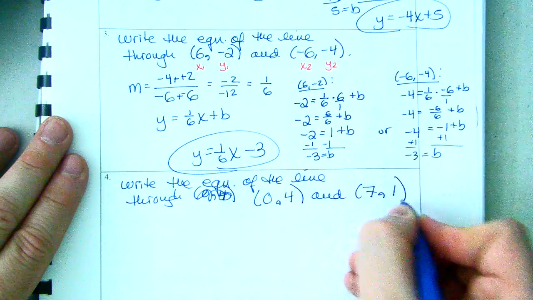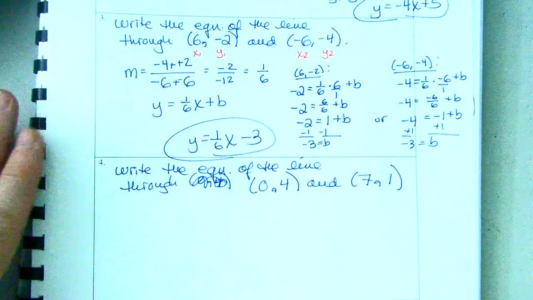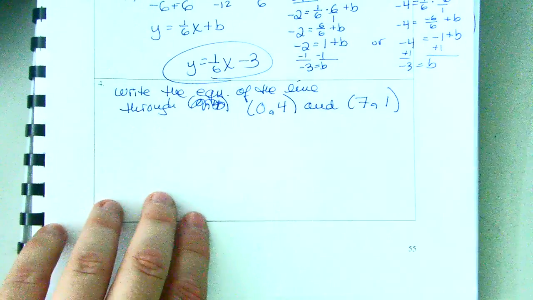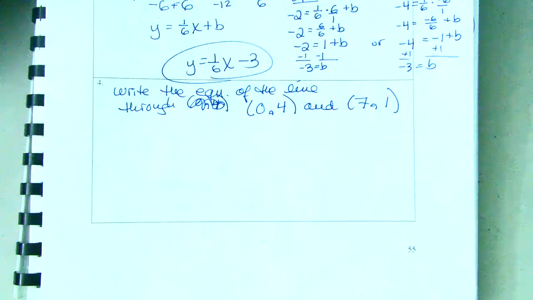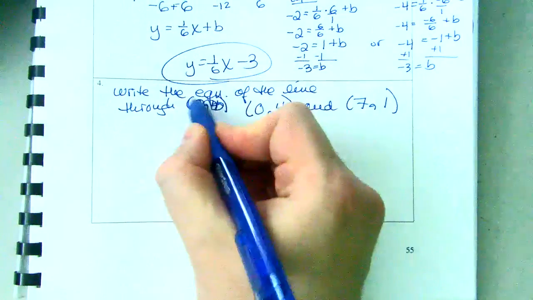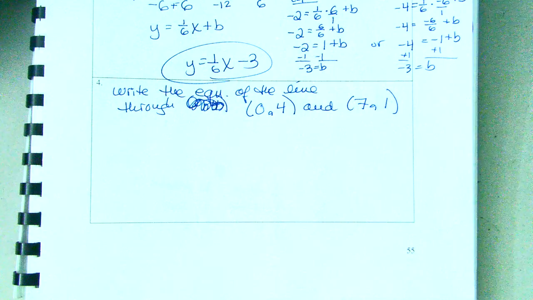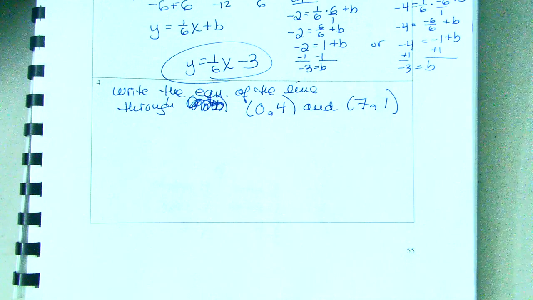I was kind of hoping one of those would be negative so I can make a really big negative sign for Ilya, but I guess not. 0, 4, and 7, 1. Let's see what you guys can do. See if you can do the entire problem. And after this, we'll head outside.